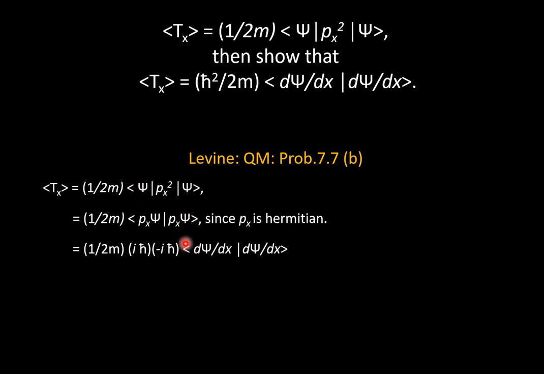Now px is minus i h bar d/dx, right? So in the bra position it gives i h bar, and the ket gives minus i h bar, and then dψ/dx. So i h bar and minus i h bar give h bar square. So we get h bar square by 2m ∫|dψ/dx|² dx. That is exactly what was wanted in the question. So proved.